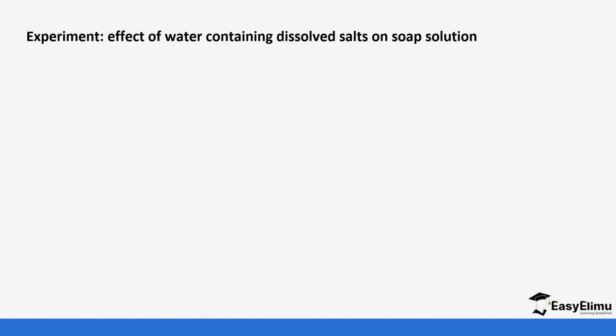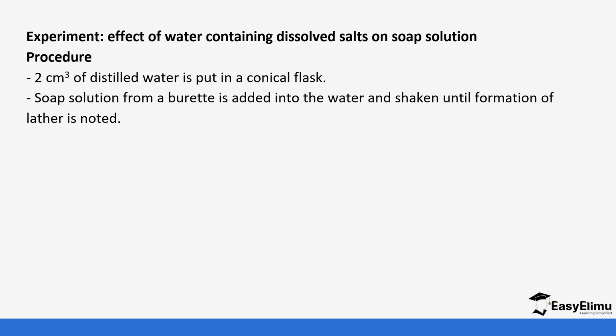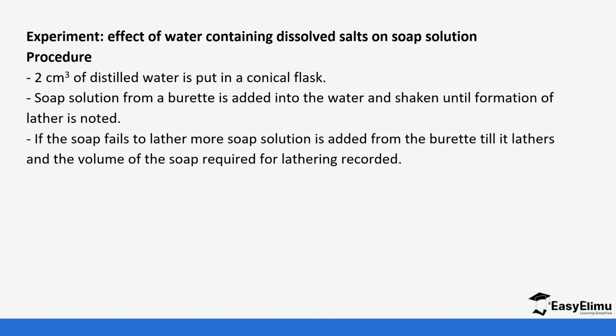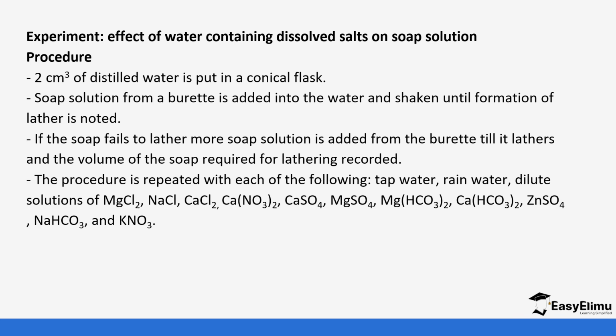So let's look at an experiment to show the effect of water containing dissolved salts on a soap solution. Distilled water is placed in a conical flask, and then soap solution from a burette is added to the water and shaken. If the soap fails to lather, more soap solution is added from the burette until it lathers, and the volume of soap required for lathering is recorded.